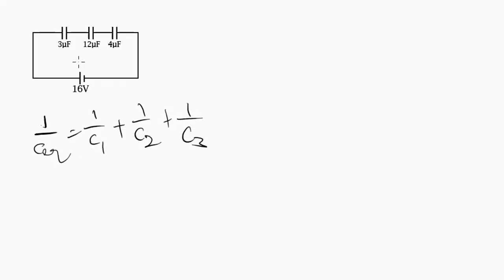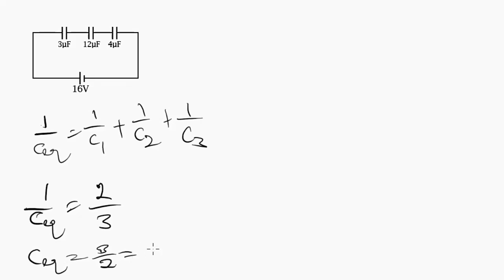If we make this 1 over 3 plus 1 over 12 plus 1 over 4 microfarads, we should have our 1 over CEQ to be 2 over 3. So ultimately, CEQ will now be 3 over 2, which is 1.5 microfarads.